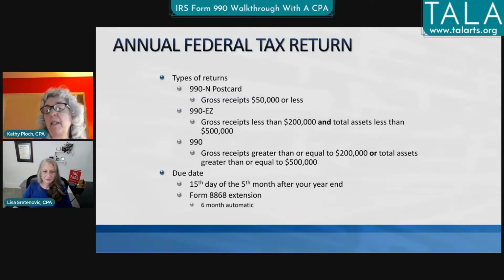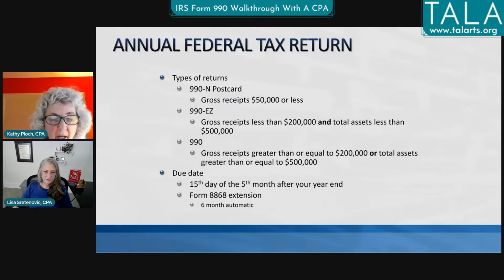So maybe they do that for 2 years, and then all of a sudden the third year they go back down to 100,000. Well, the question is, do you go back down to the 990 EZ, or do you just stay with the 990? I tend to stay with the 990 just because of the software. It's already there. But if you're the one not using software, if you're the one typing it out on the fillable forms that the IRS has, you probably would want to go back to the 990 EZ.